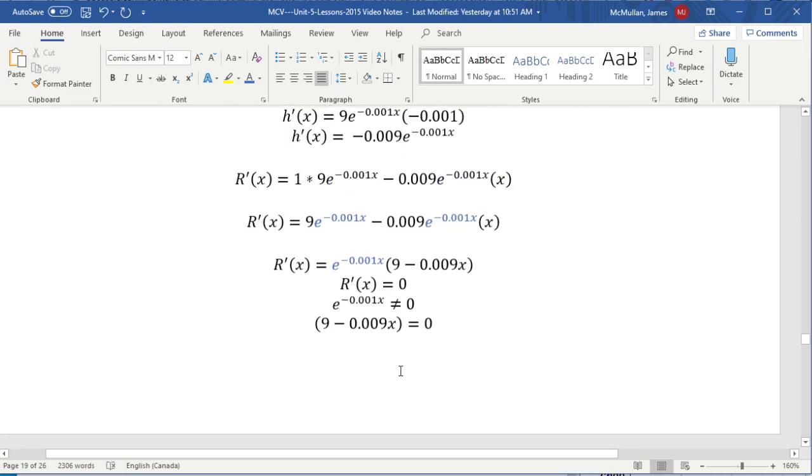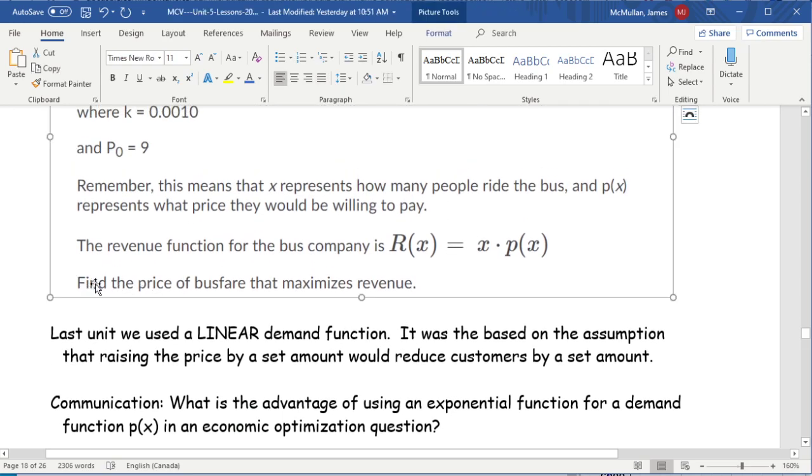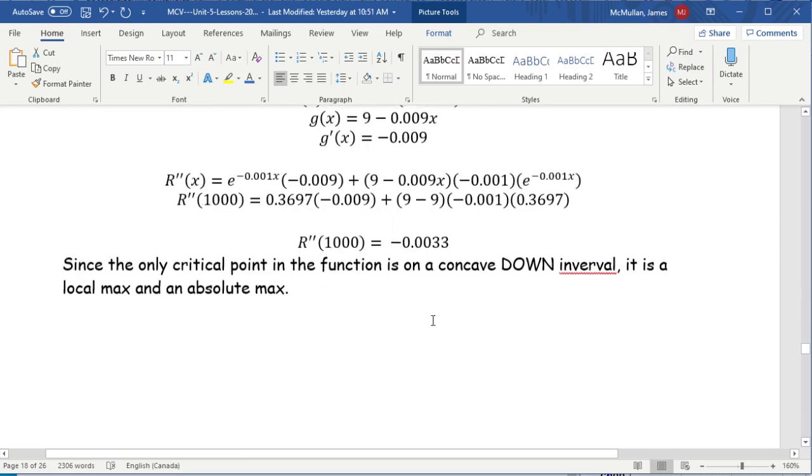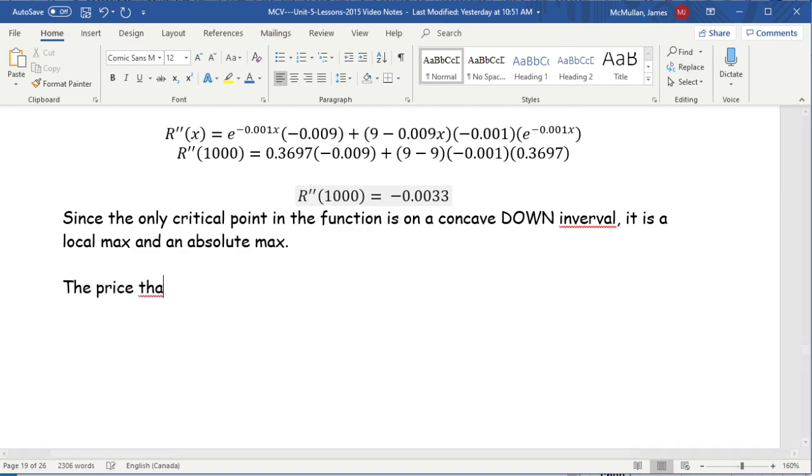Now, be careful with this question. I've done a lot of work, but I haven't actually answered it. It says find the price that maximizes revenue. The price that maximizes revenue is equal to lowercase p of 1000.